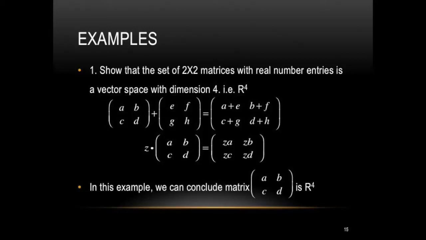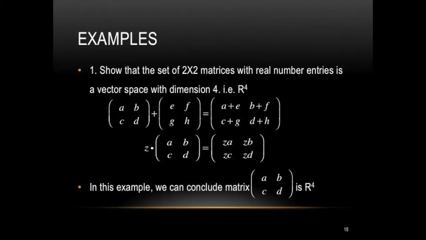First, I will introduce a matrix with real numbers A, B, C, D. For the first law, for two vectors in the vector space, the sum of the two vectors is also in the vector space.